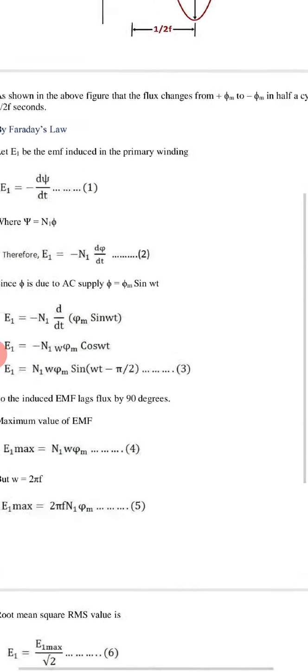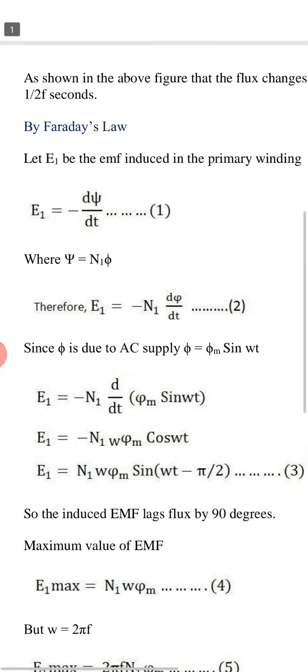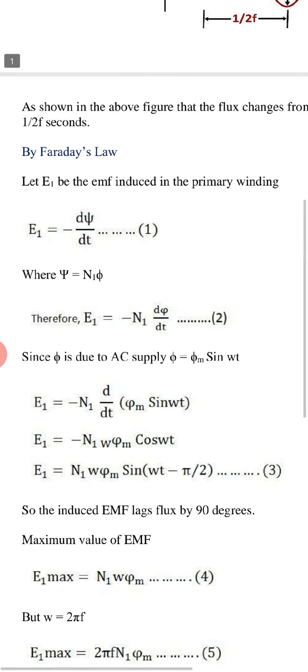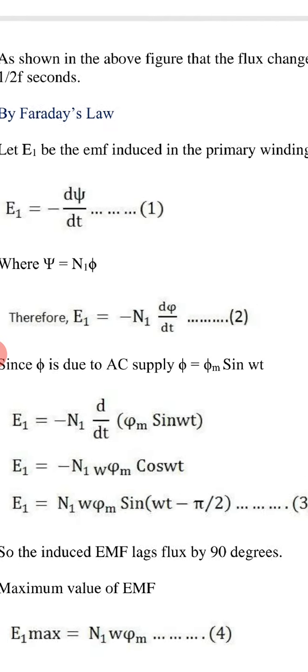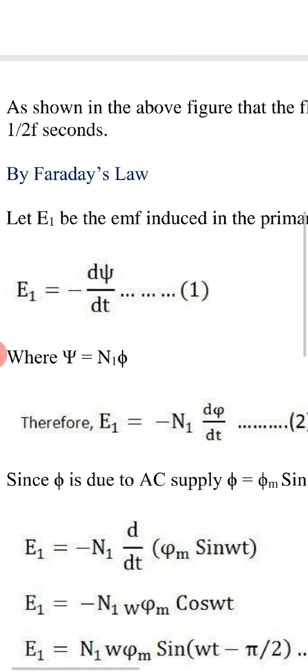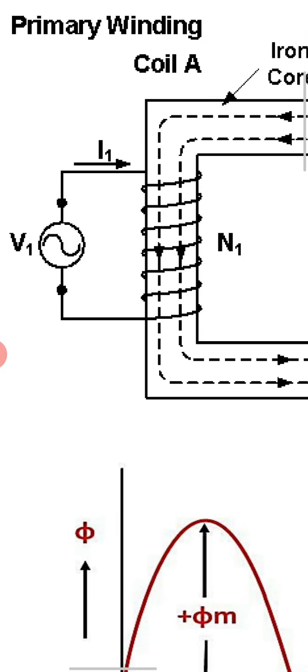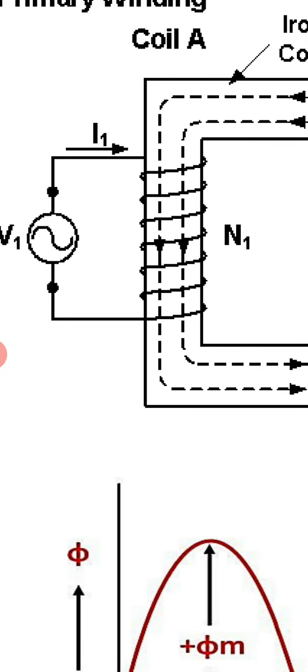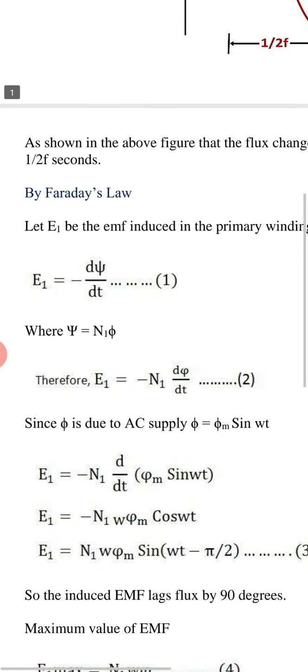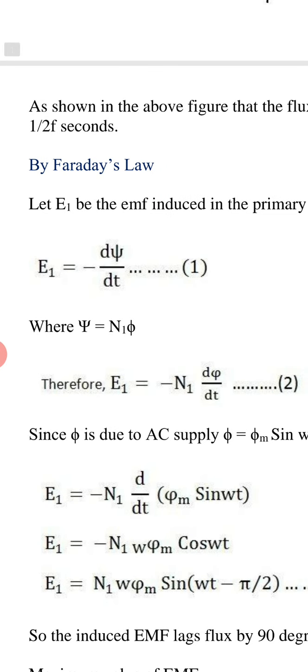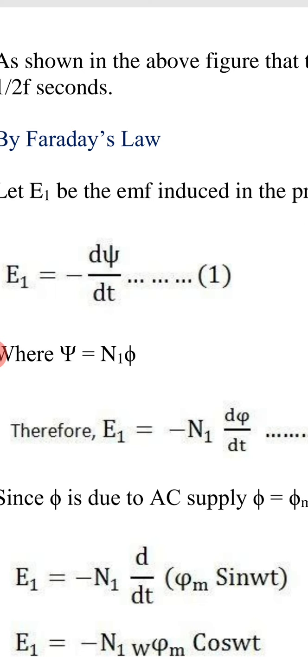Now, by Faraday's law, let E1 be the EMF induced in the primary winding. This E1 is the induced EMF in the primary winding when the flux phi links with the N1 number of turns. According to Faraday's law, induced EMF is equal to minus d psi by dt.